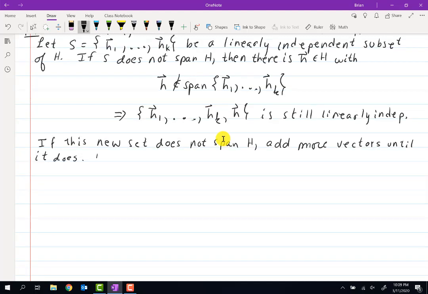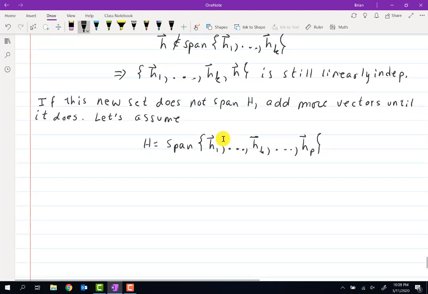So let's assume that H is equal to the span of h1 up to h sub k, but then I added in more vectors, let's say up to h sub p, like this. So the dimension of H is equal to p.